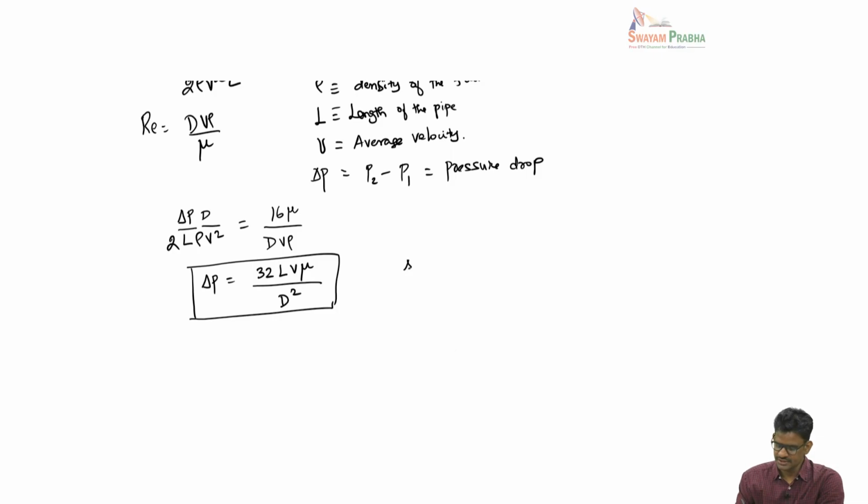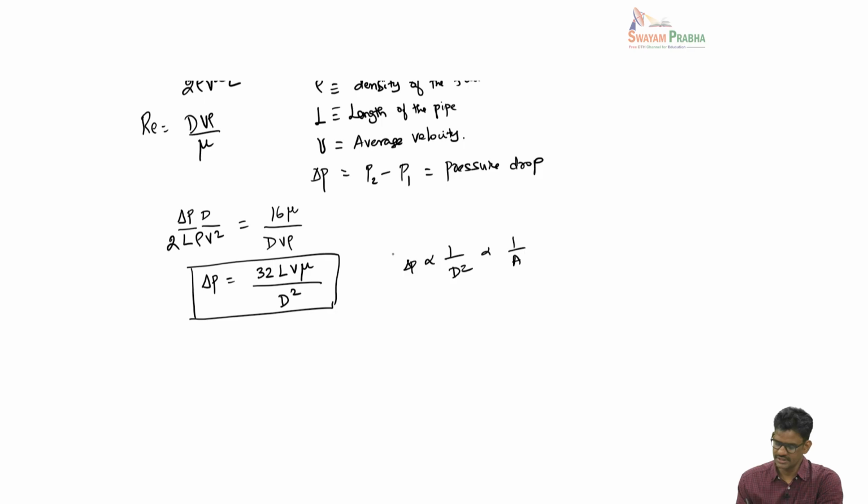Interestingly, you can also see this delta P is proportional to 1 by d square, or 1 by area. So if I double the diameter of the pipe for the same flow rate, same velocity here, you will see that the delta P goes 4 times less, because of the 1 by d square dependence.